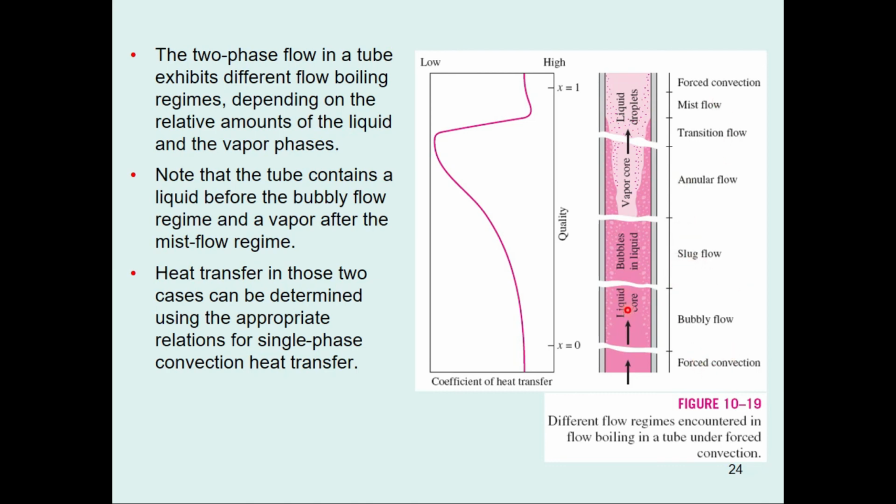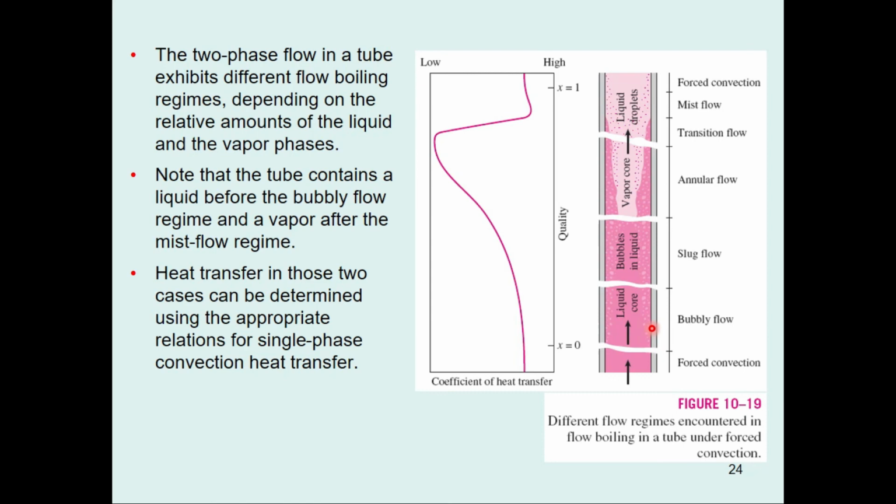So let us just try to understand these different regimes in the forced flow boiling. Initially, the liquid is subcooled, and the heat transfer to the liquid is by the forced convection. Then the bubbles start forming in the bubbly flow on the inner surface of the tube, and the detached bubbles are drafted into the mainstream.